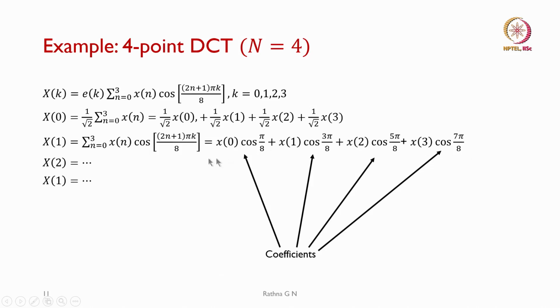So, we are substituting n is equal to 0 to 3 in this, assuming our k is equal to 1. Now, all these cos functions what we have, we call them coefficients. If you want, you can expand x of 2 and x of 3 also to get the 0 to 3 coefficients, and write down those coefficients.